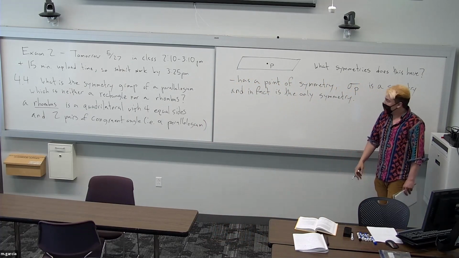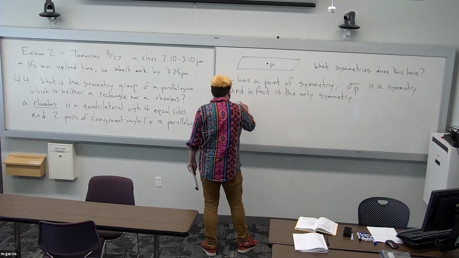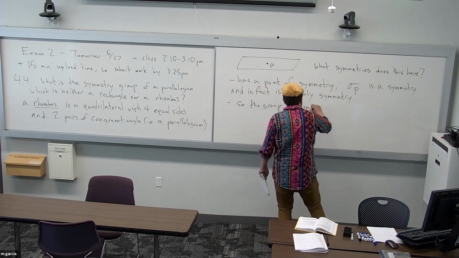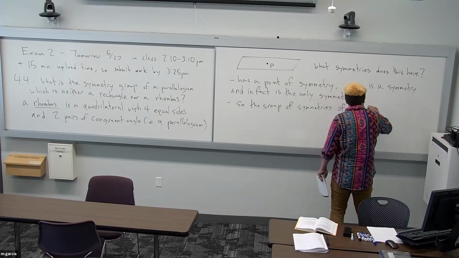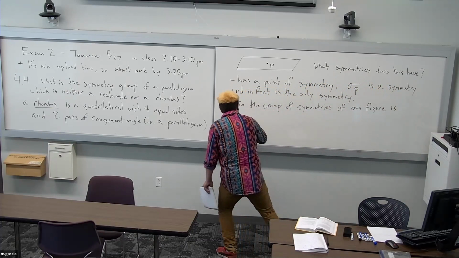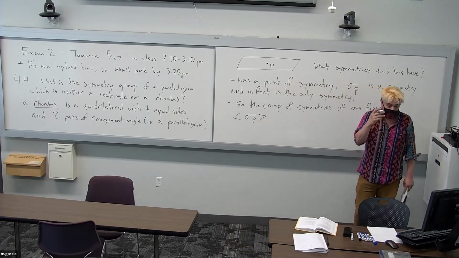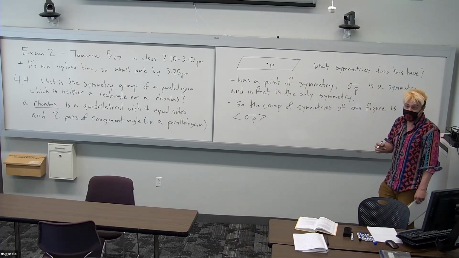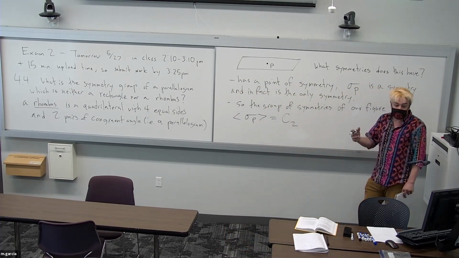Okay, so in other words, the group of symmetries of our figure is the group generated by sigma sub p. Okay, so what do we know about half turns? What's the order of any half turn? 2, yeah, all half turns are involutions, right? So we call this C2, the cyclic group of order 2.